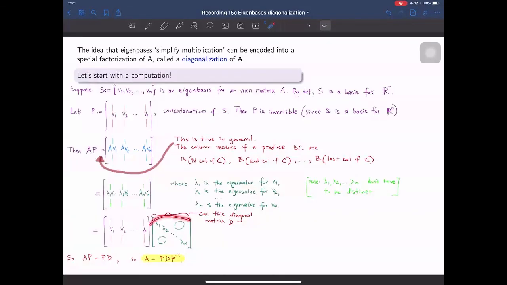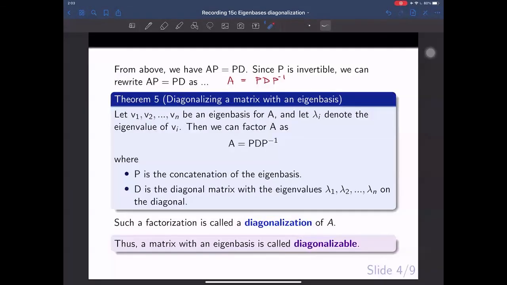Call this diagonal matrix D. This means that I have A times P equals P times D. And I can rewrite this so that I can have a formula for A. So if I multiply on the right by P inverse, I get that A is equal to P times D times P inverse. This formula is what is called a diagonalization of A.